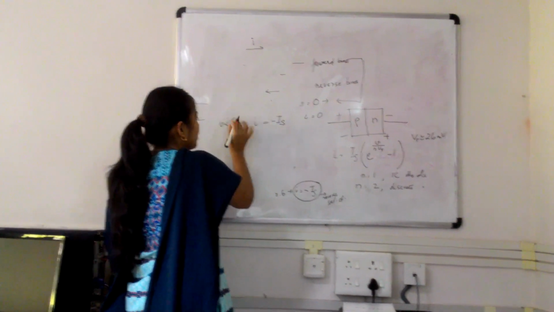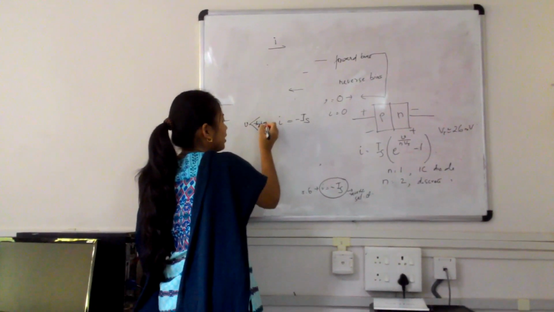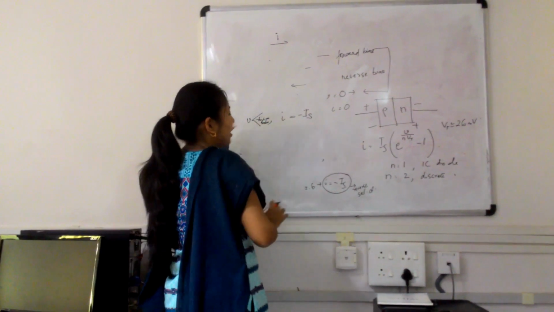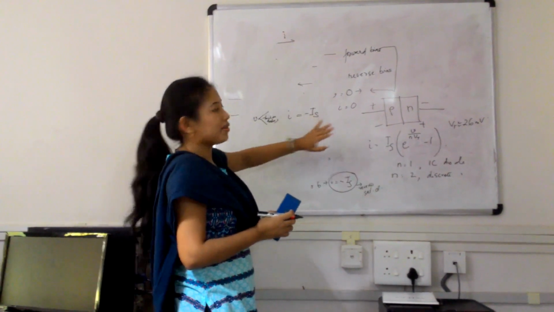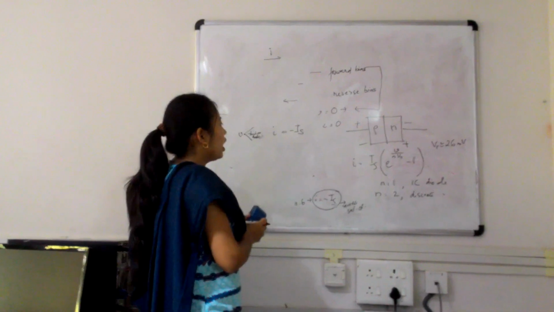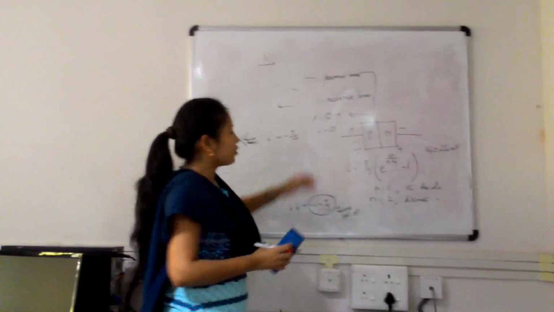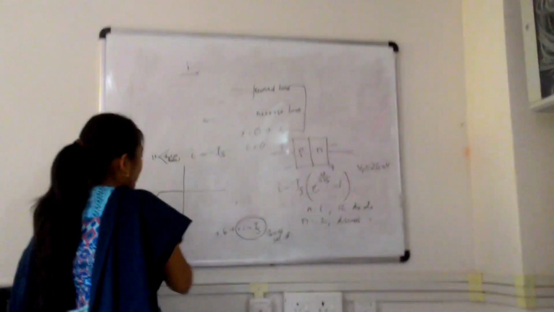That is when V is a very high negative value. But in case of the ideal diode, we found out that when V is less than 0, I equal to 0. So this is just the difference between the ideal diode and the semiconductor diode. Now in case of reverse bias, it will follow like this.